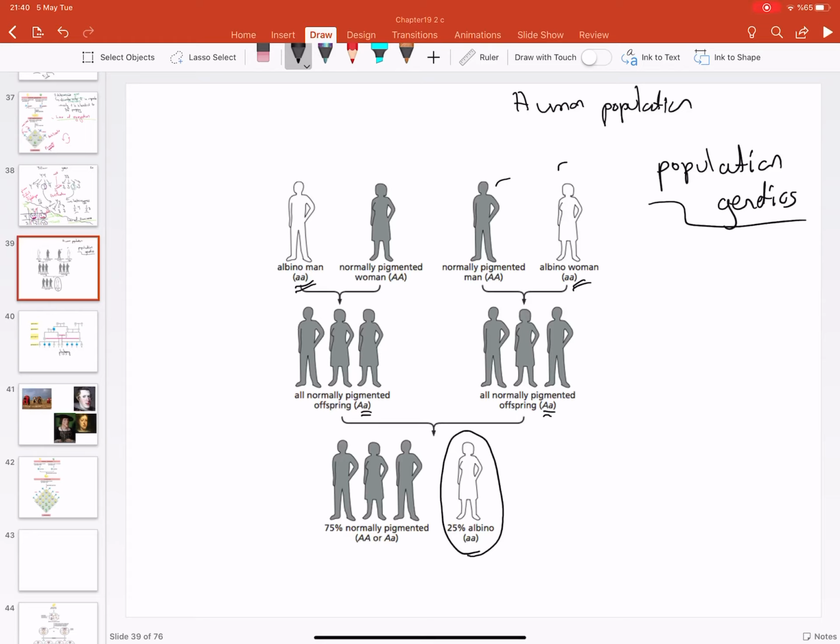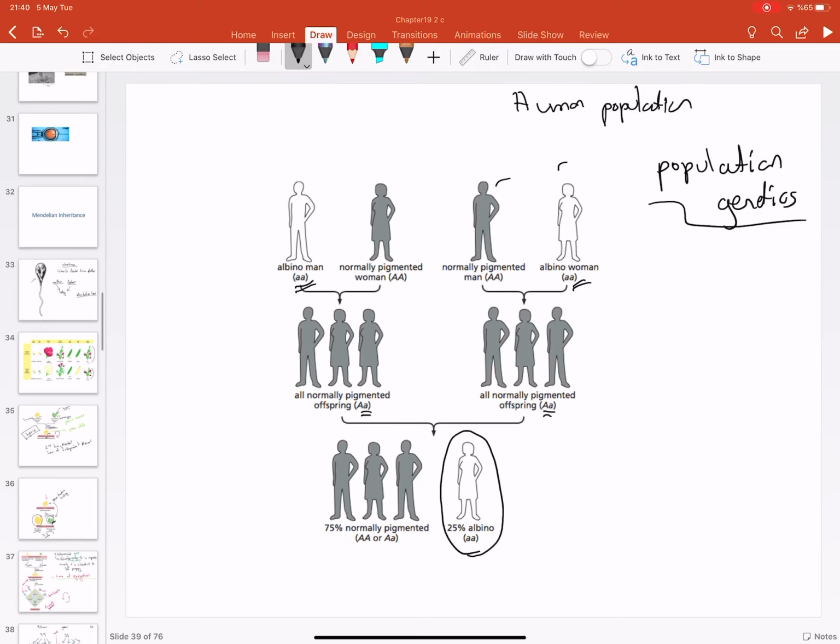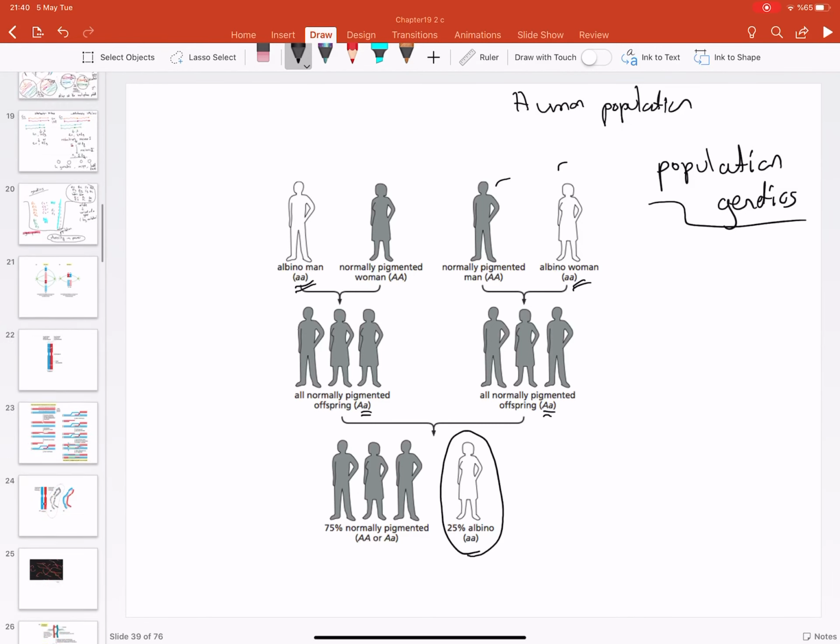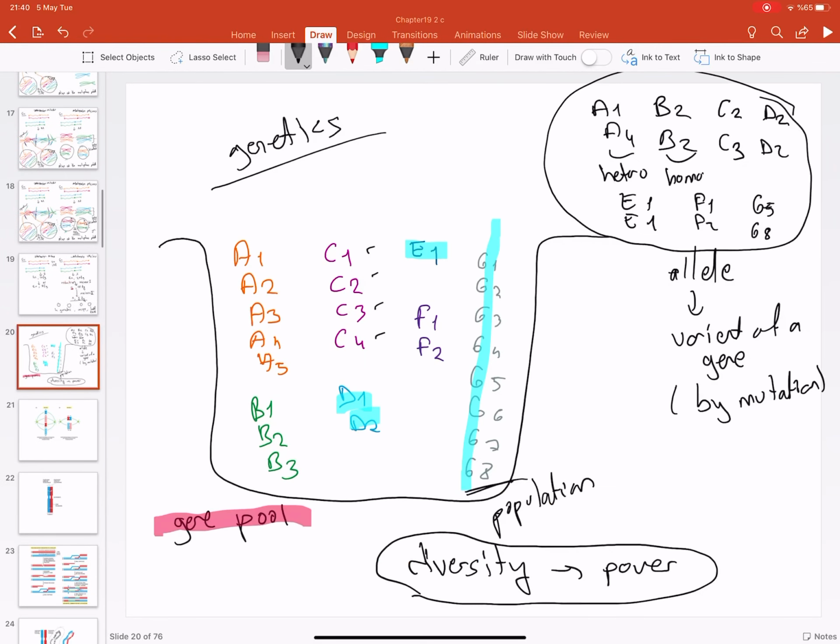But when you have a large population, or when you cannot follow the families, you have to check the populations, and sometimes when you do population genetics, things look very strange, because the analogy of the gene pool doesn't always work. In this gene pool, we assume that every time a new embryo forms, we randomly select two of the alleles for each gene.